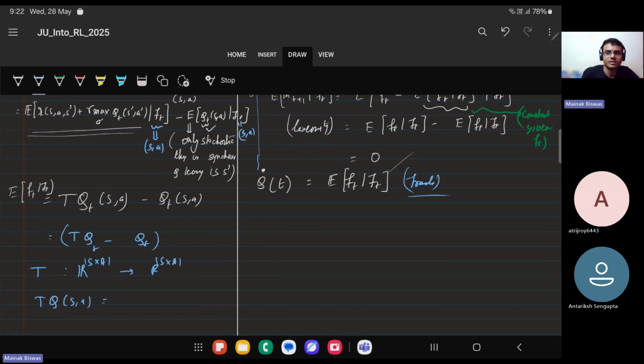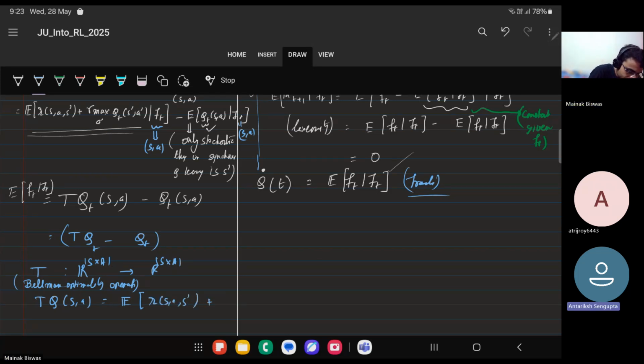Can you tell me? This is the Bellman optimality operator. Yeah, tell me.